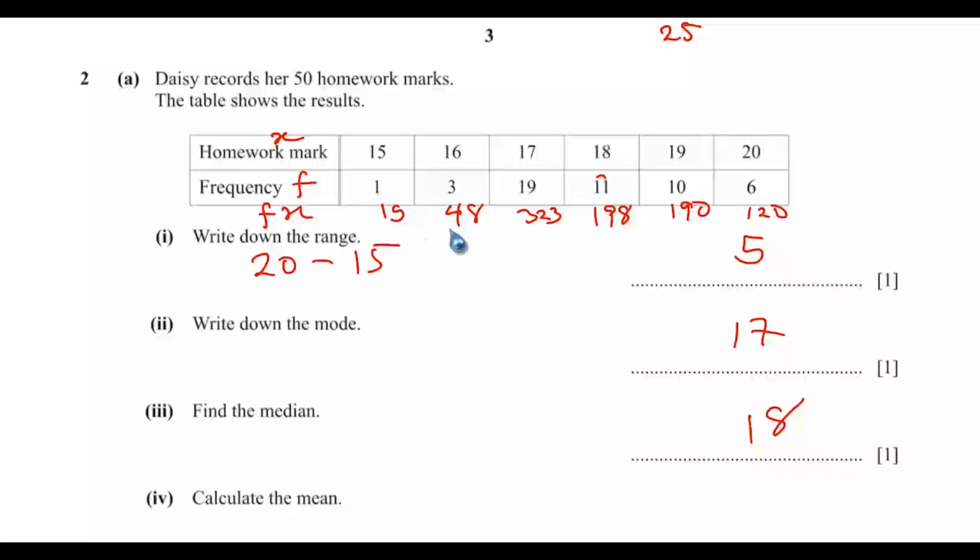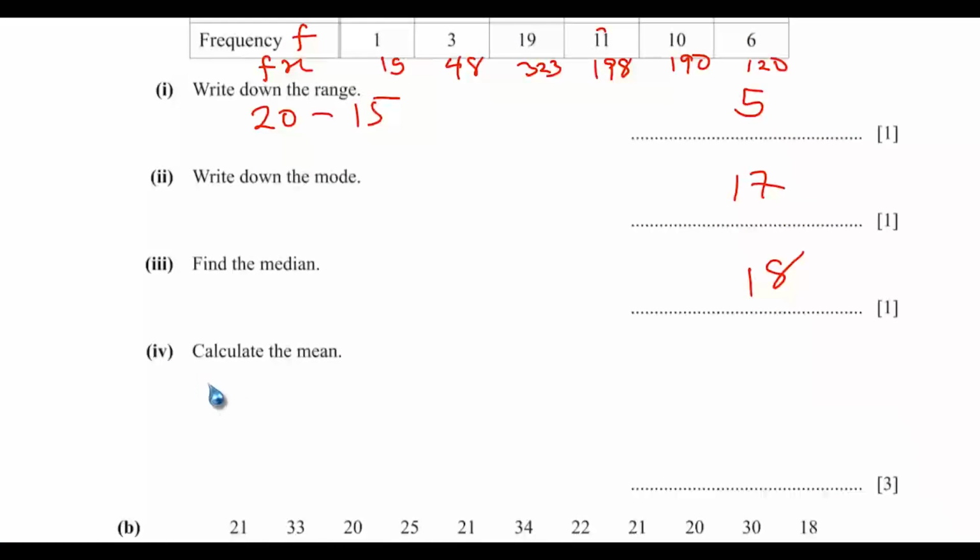Then you need to add these together. That is 15 add 48, add 323, add 198, add 190, add 120. That will give you 894. So the summation of fx will be equal to 894.